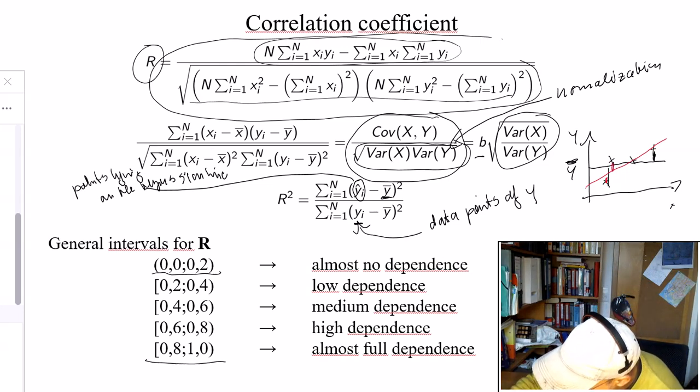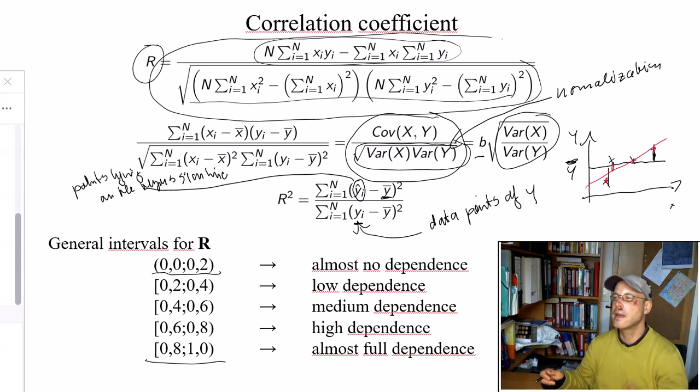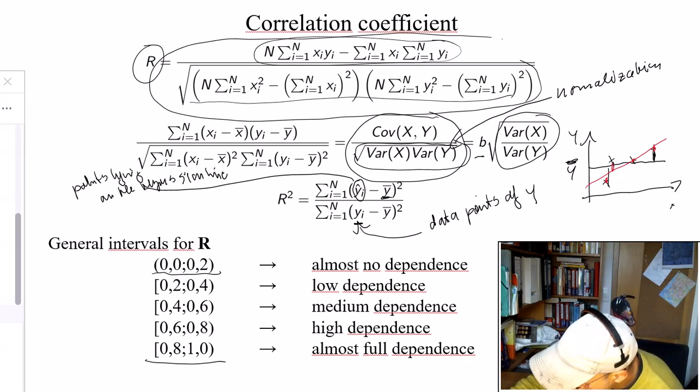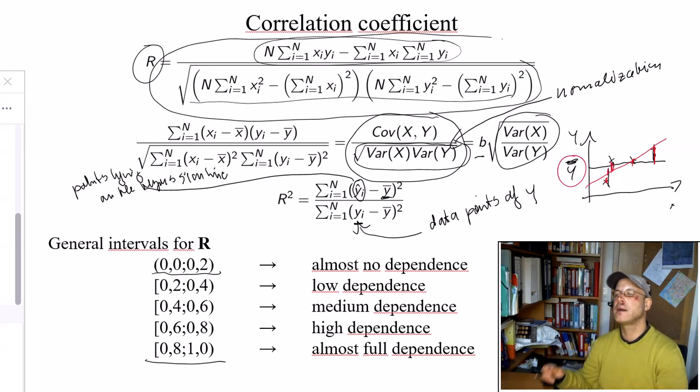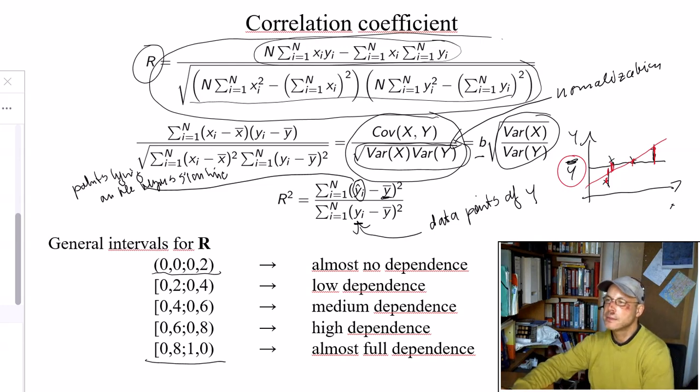And then the difference now between our fitted line with respect to the mean y bar explains our data.